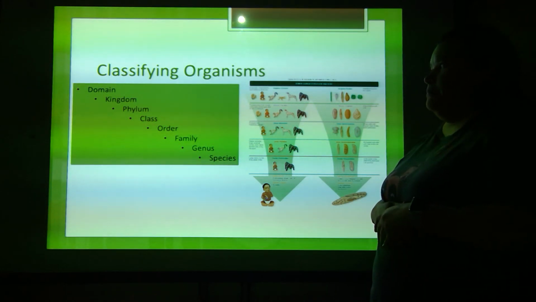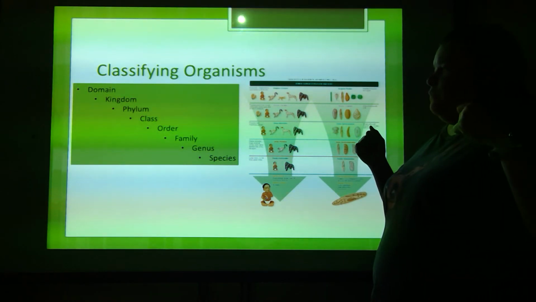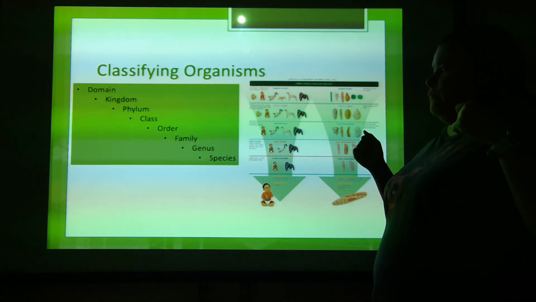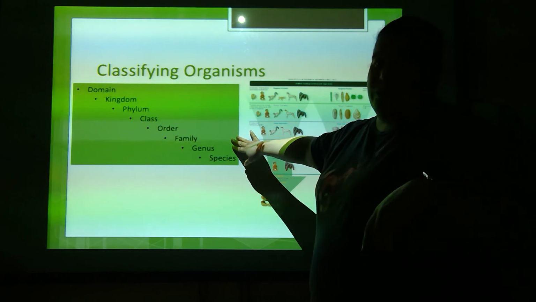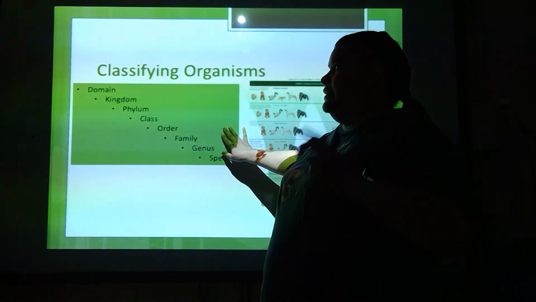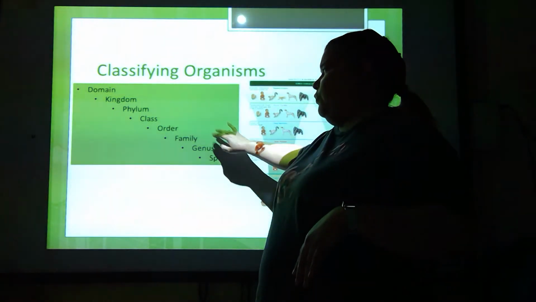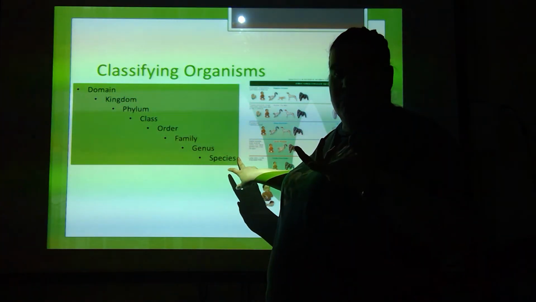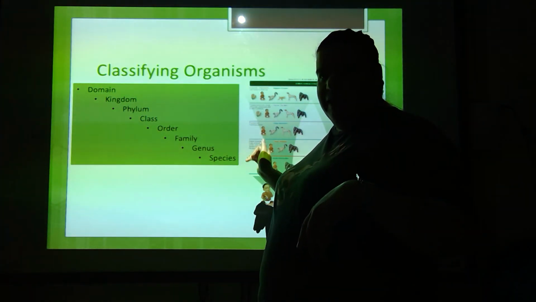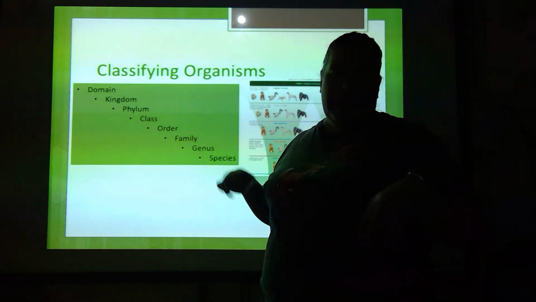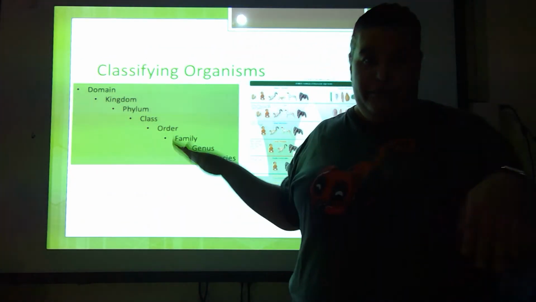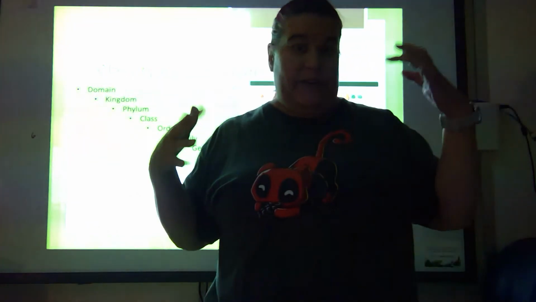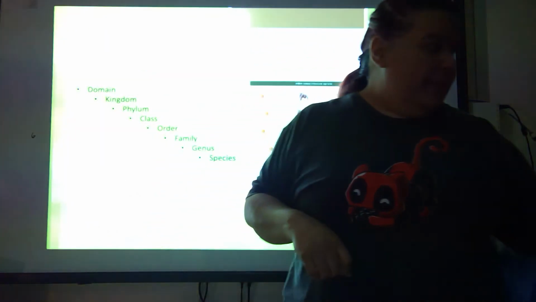So, to remember the order, did King Philip come over for good spaghetti? Okay, that'll give you the order and gives you the first letter. So hopefully that'll give you an idea of who's next in the series.